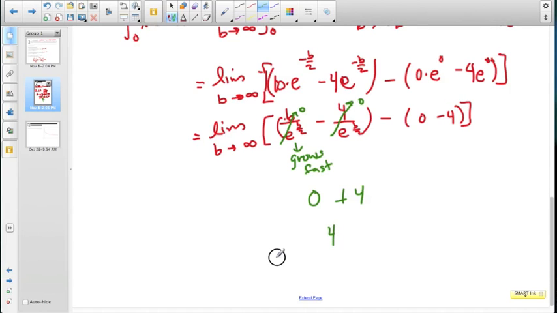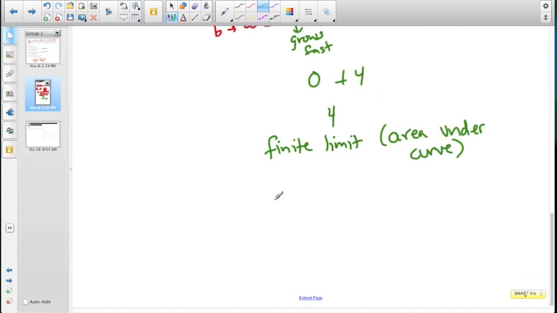And so since we get a finite limit, that literally is the area under the curve. So the area under the curve is 4, and since it's finite, we can determine that this actually converges.